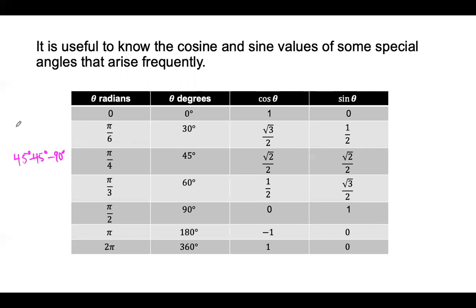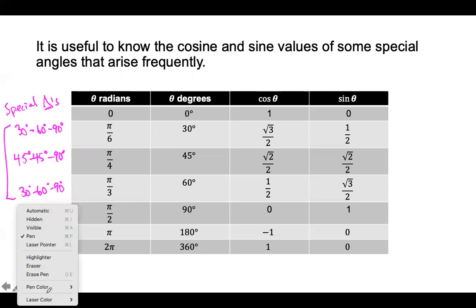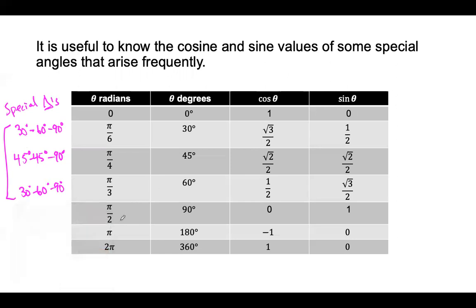These other ones are the 30, 60, 90 triangles flipped. So these are special triangles. And the other ones down here, like 90, 0 and 1, negative 1 and 0, 1 and 0, you can kind of derive these.